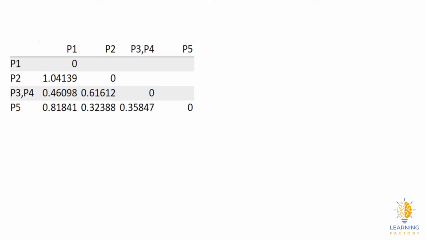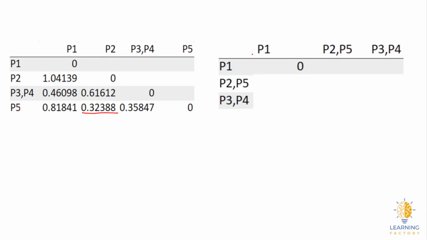So see here, this is the earlier proximity matrix that we have. This is the minimum distance that we have identified, and now we would like to cluster P2 and P5. So see here, now in this proximity matrix, we would be having P1 as individual cluster, then P2, P5 another cluster, and P3, P4 one more cluster.